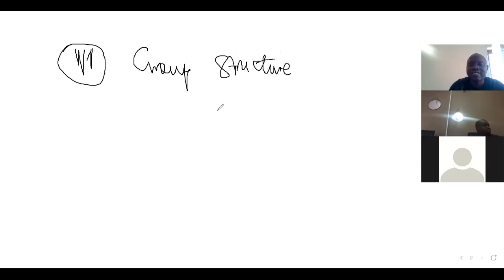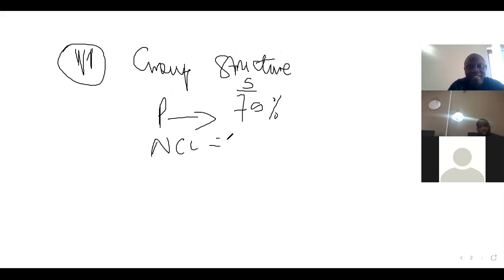So with group structure, we are actually saying the parent company gets 75% in the subsidiary. Here I can show subsidiary. Whereas the NCI gets 25%. That is how it was structured, isn't it?